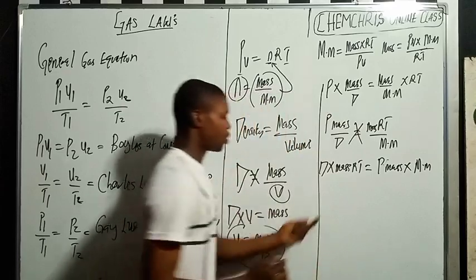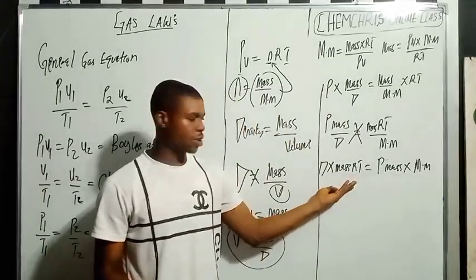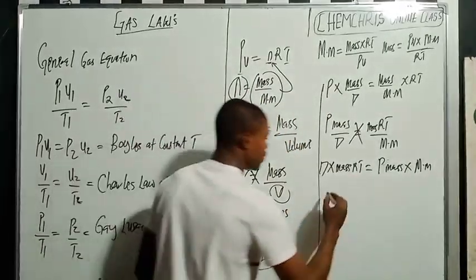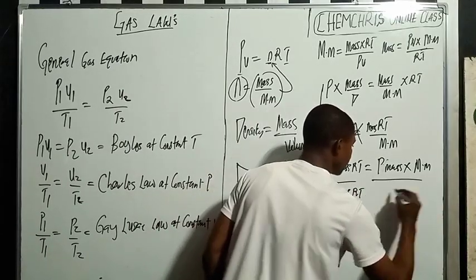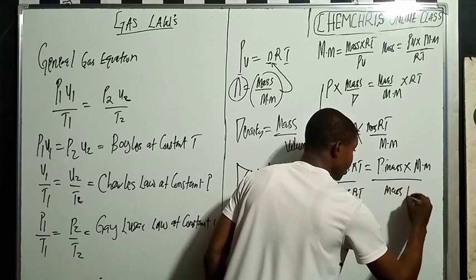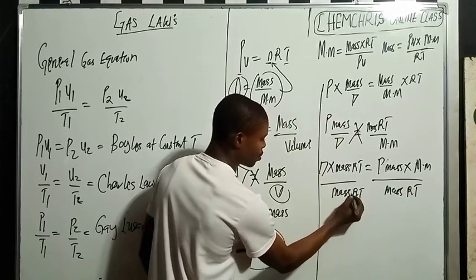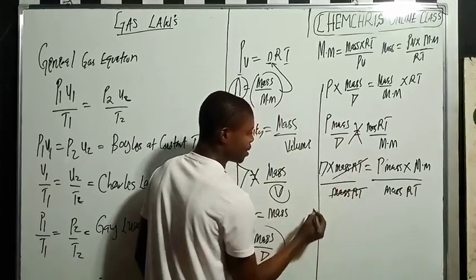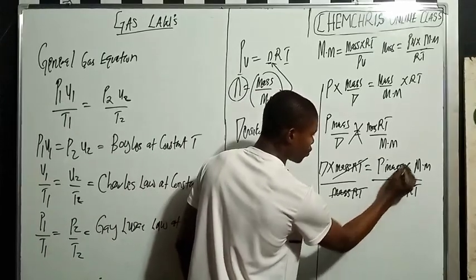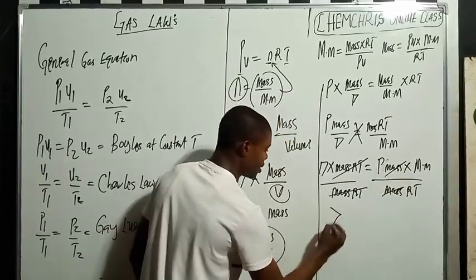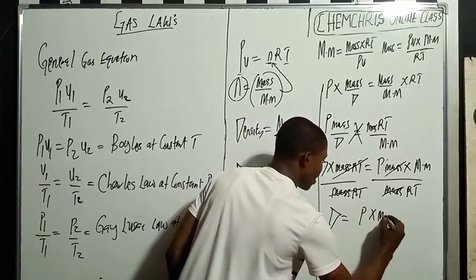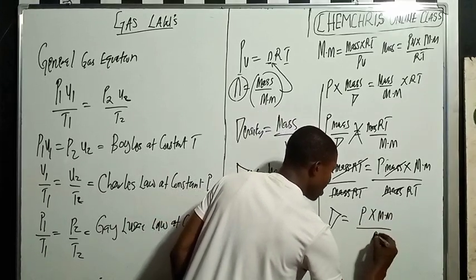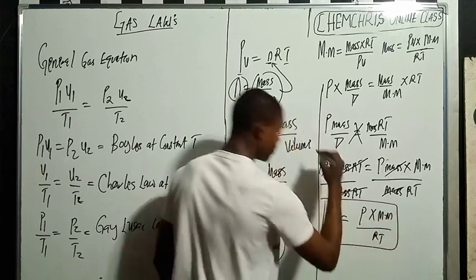So making D the subject of the formula, we divide both sides by mass RT. You find that mass will cancel out mass. So it's going to be D equals P times molar mass over RT.